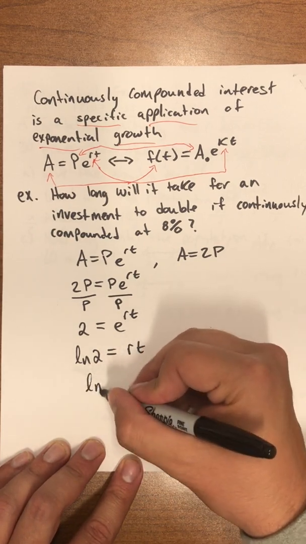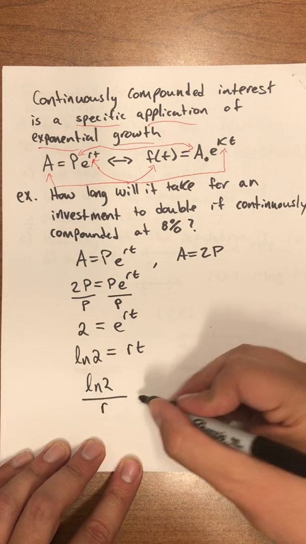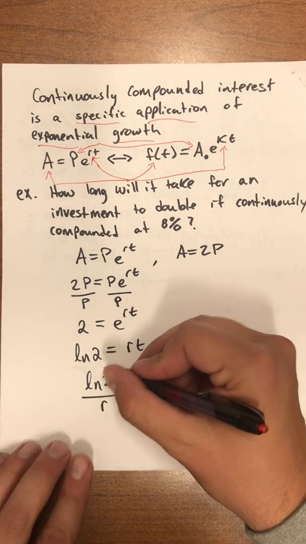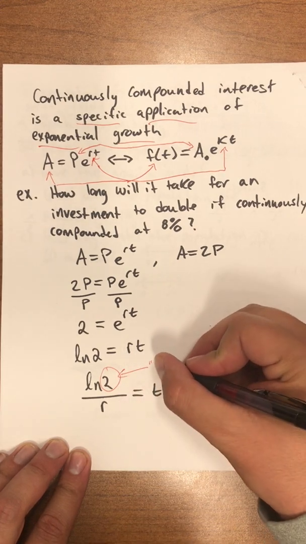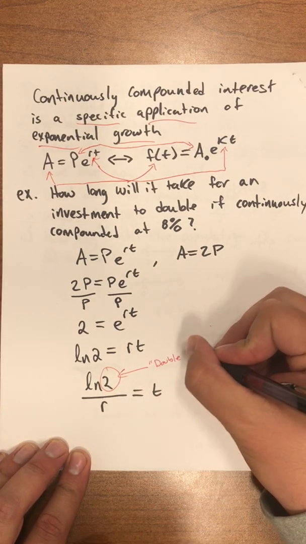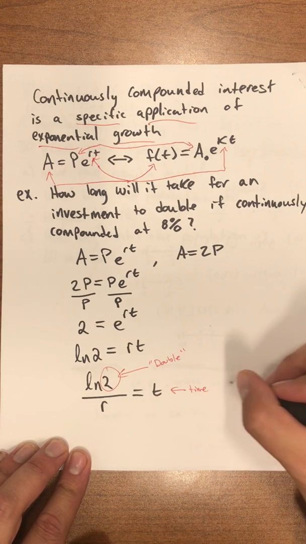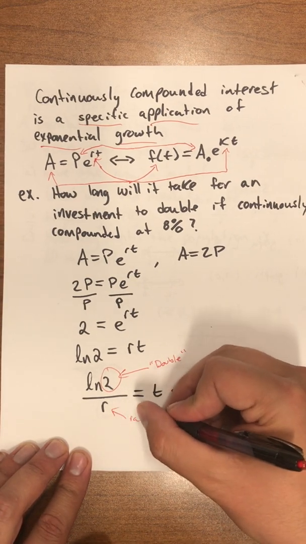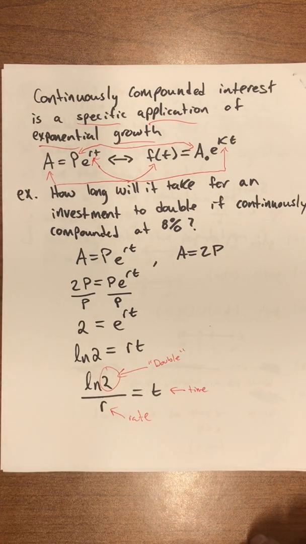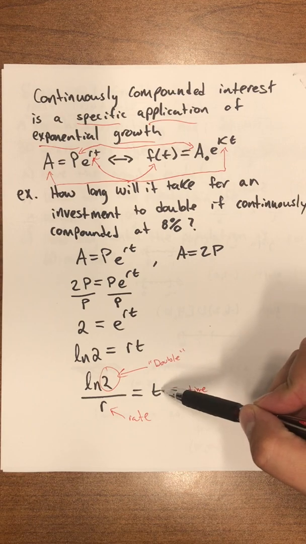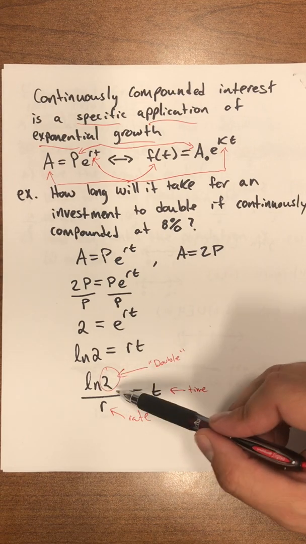So the natural log of 2 divided by R equals T. I'm going to plug in the rate on the next line. So if the question says how long to double if continuously compounded, the time always ends up being the natural log of 2 divided by the rate.